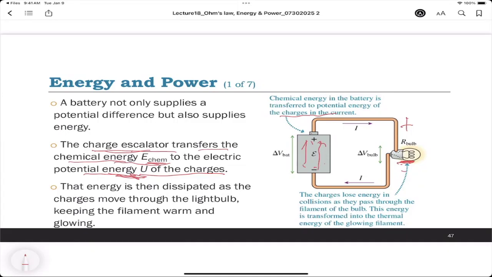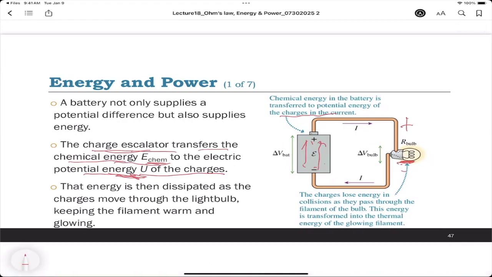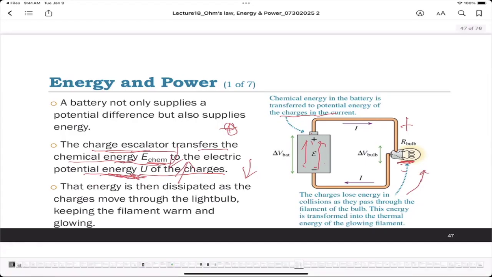All the energy in the real world is constant. If the chemical energy decreases and the potential energy increases, and then the potential energy decreases, the thermal energy will increase. But the total is constant.